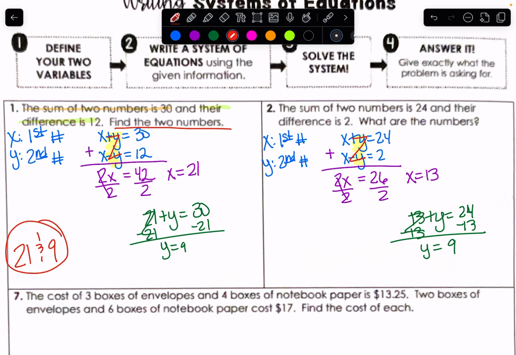So my two numbers that they wanted me to figure out are 13 and 9. I'm sorry. 24 minus 13 is not 9. That is 11. My apologies. 11. All right.